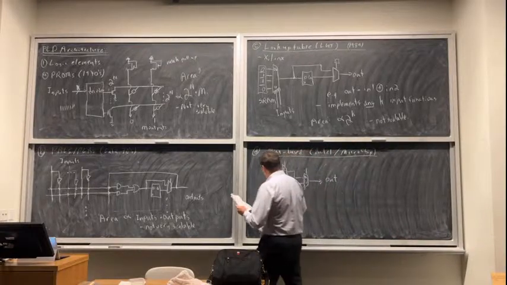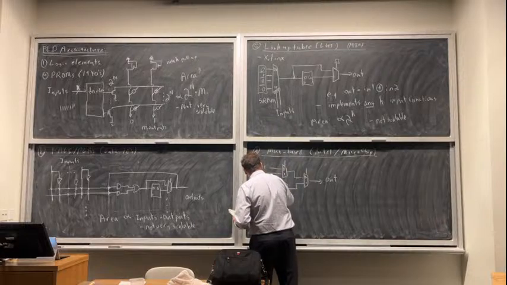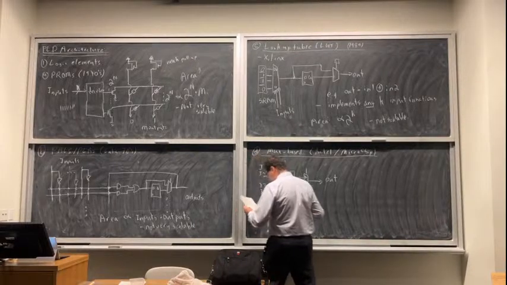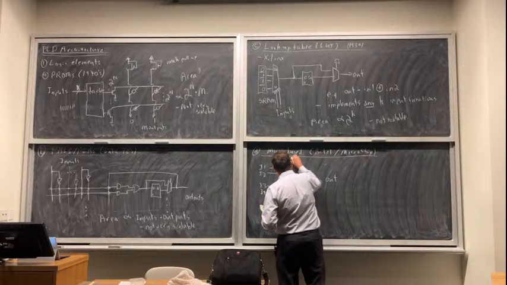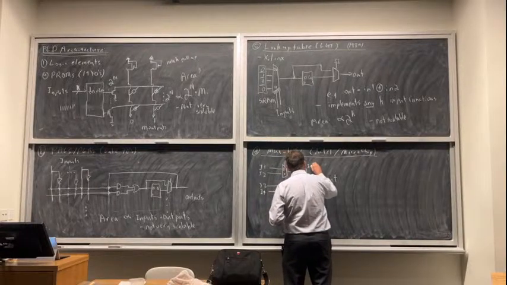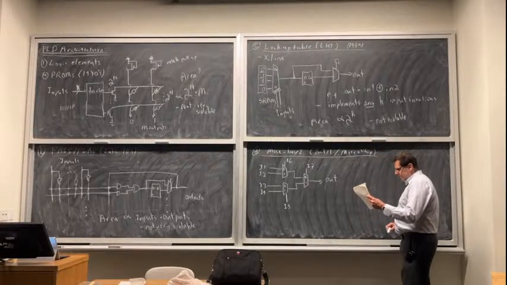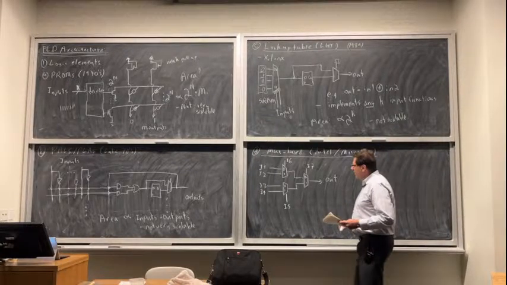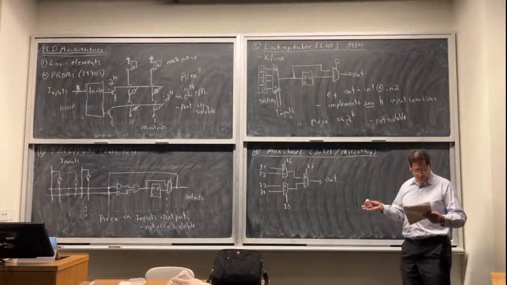So we could have I1, I2, I3, I4, I5, I6, and I7. Okay, so it has parts of a lookup table in it, but it's also got more.